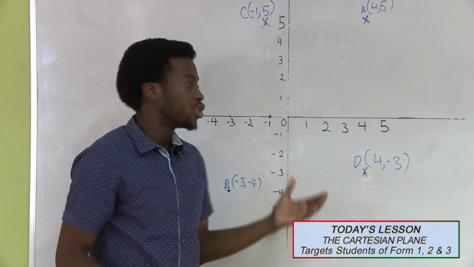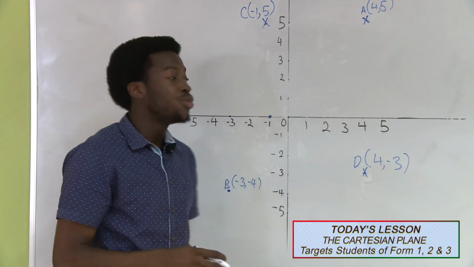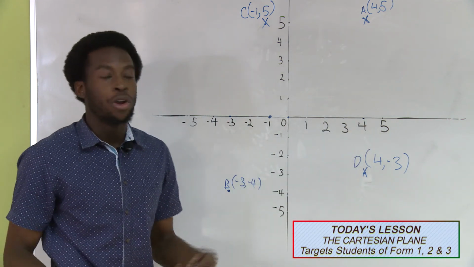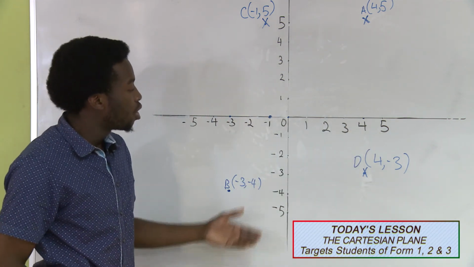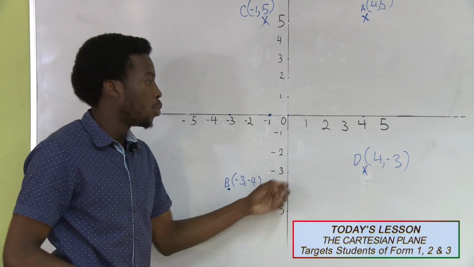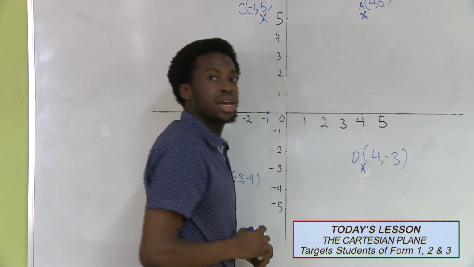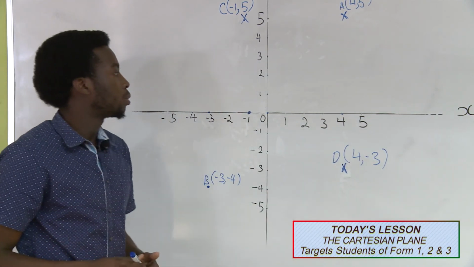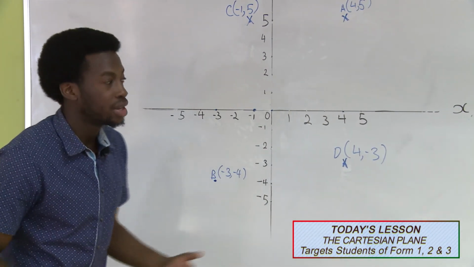So, from our origin on our x-axis, we are going to move 4 places to the right. And then on our y-axis, we are going to move 3 places downwards because our y value is negative, leaving us with point D. So there we have it.